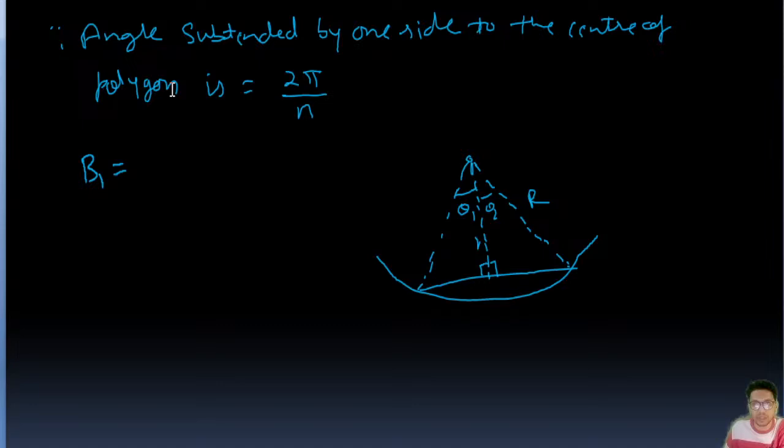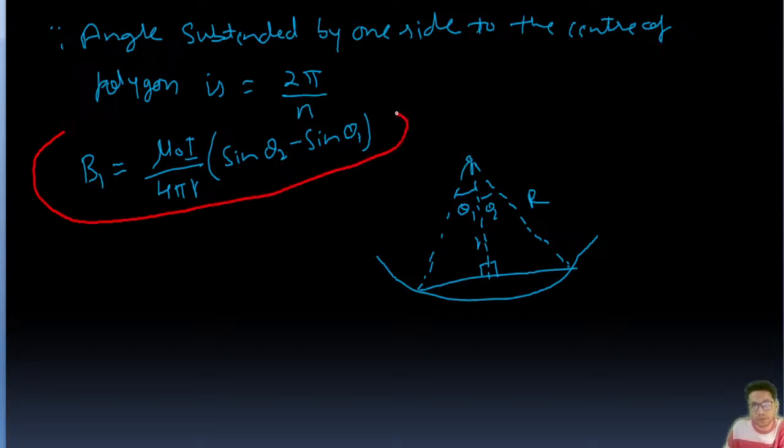We know the formula: mu0 I upon 4 pi r into sine theta 2 minus sine theta 1. This is the formula, guys, you need to note down, to find the magnitude. So B1 equals mu0 I upon 4 pi r sine theta 2 minus sine theta 1.